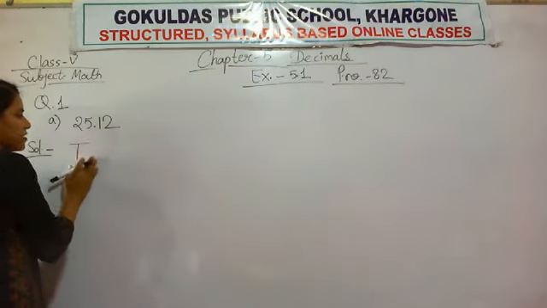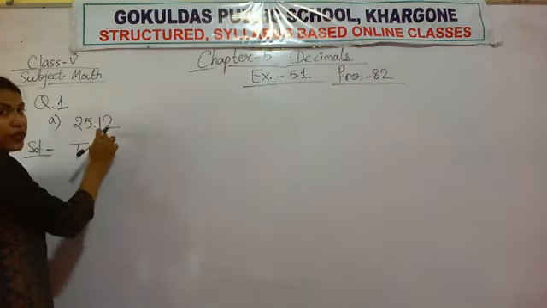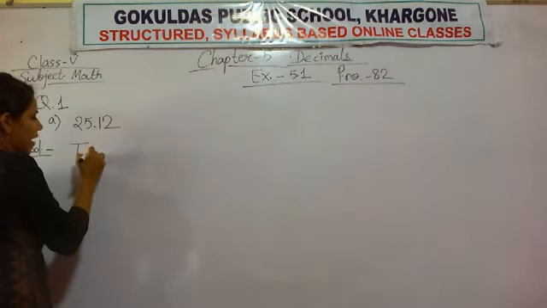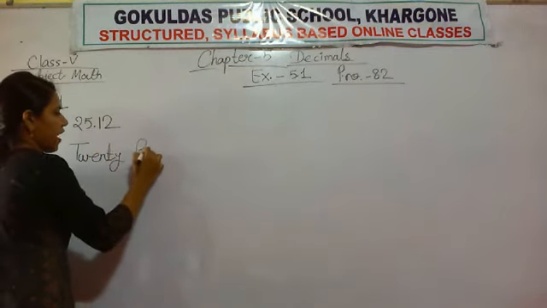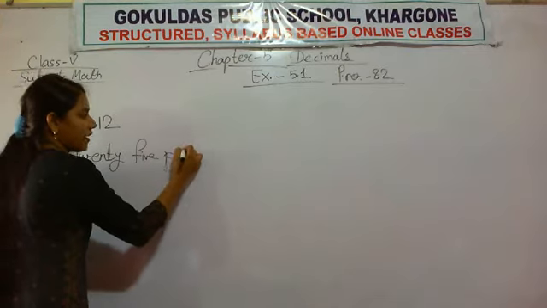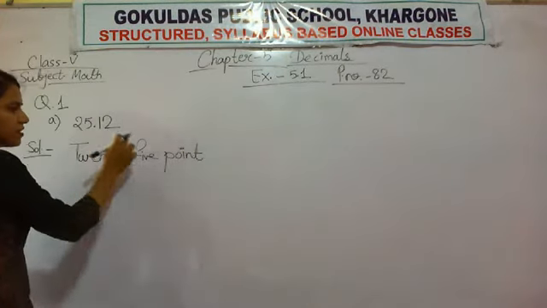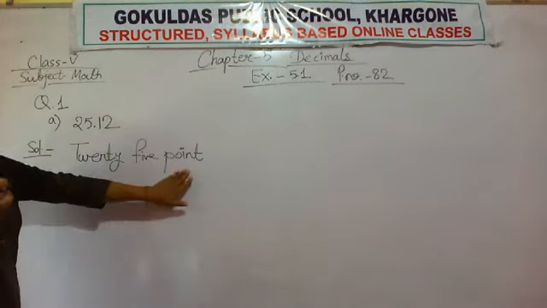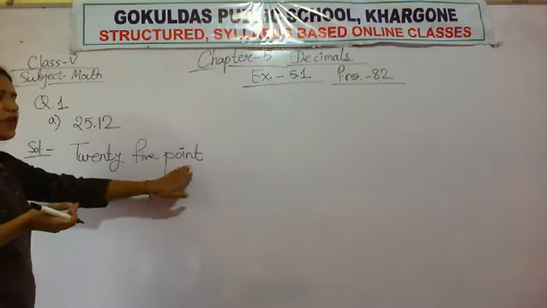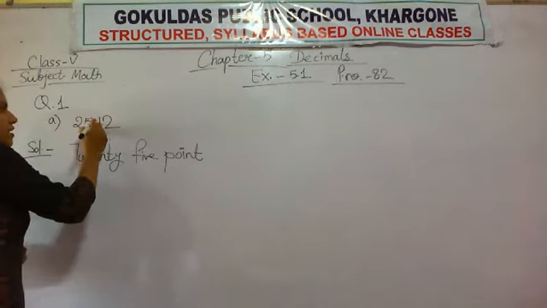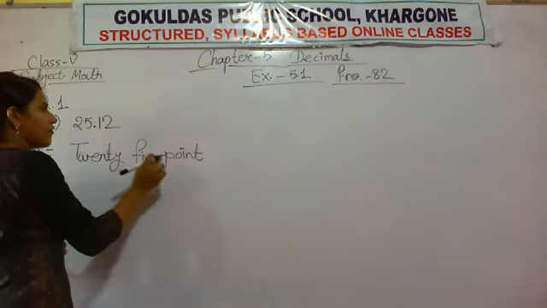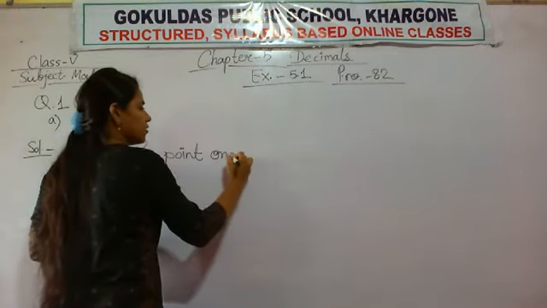So I will read this number as twenty-five point one two, and the number name is twenty-five point one two. Remember, you need to write this decimal in words the same way as you speak. The number name you write as you speak.